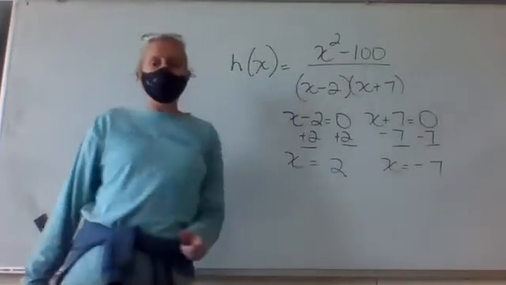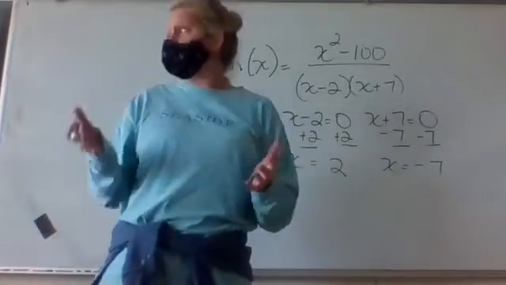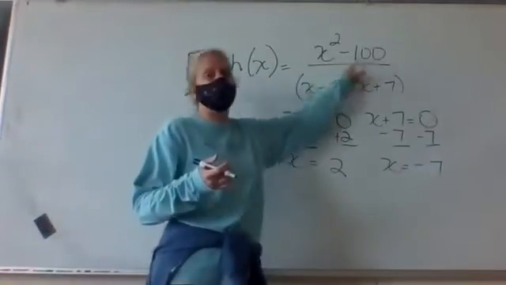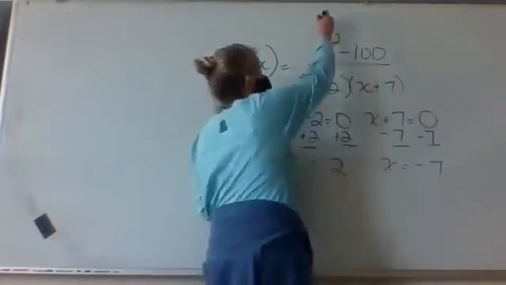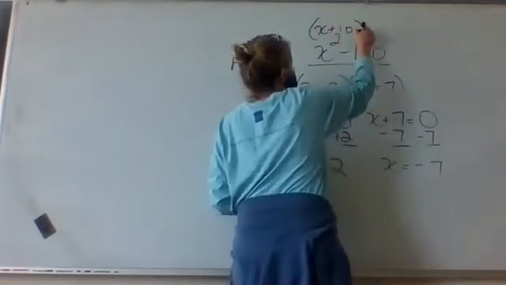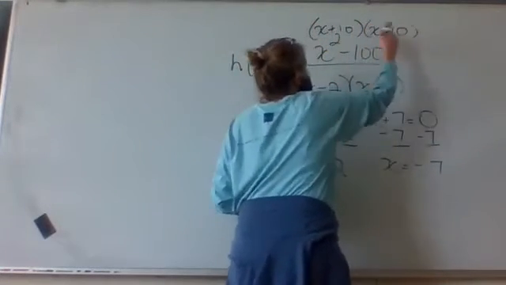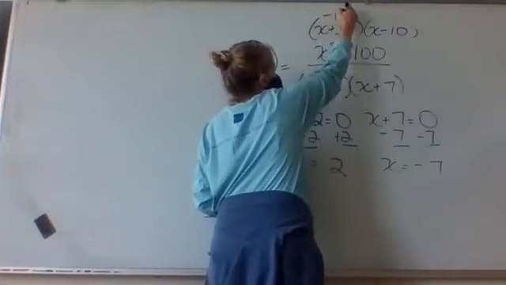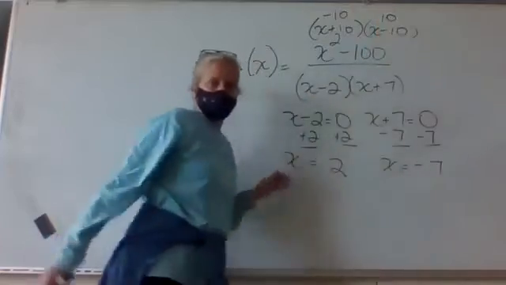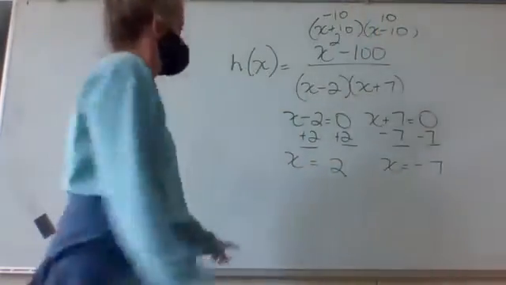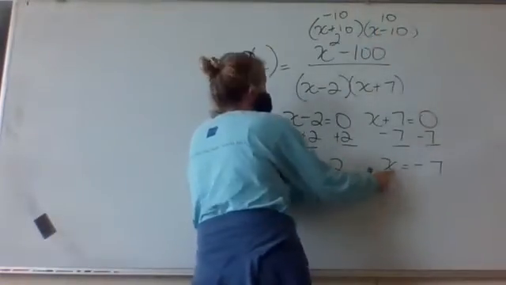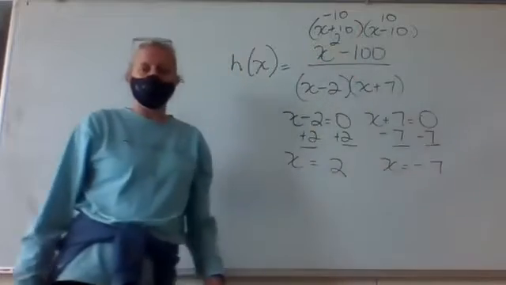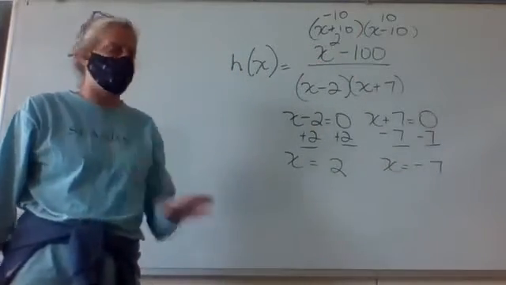Now, the numerator is not in factored form, but if I did factor that, it would be a difference of perfect squares, right? So it would be (x plus 10)(x minus 10), which means this zero would be -10, that zero would be +10. So the zeros in the denominator don't match the zeros in the numerator, so I don't have to worry about that.